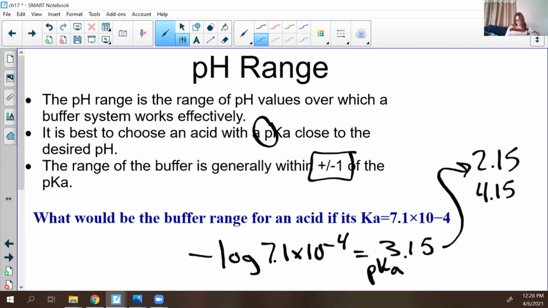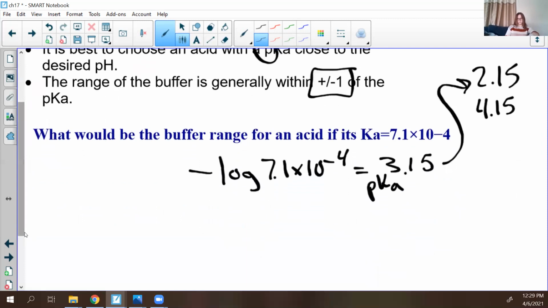So the way you would ever see this, and this is just a nugget, there's not a ton of information here that will be tested, is it would say scientists want to maintain a pH of around 3 for whatever experiment, something obviously more eloquent than that. And then they would say which acid and conjugate base would be the best.